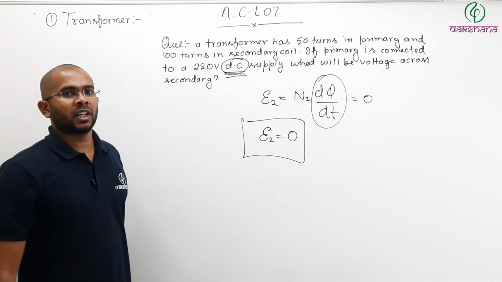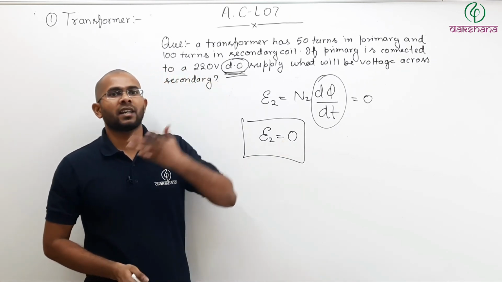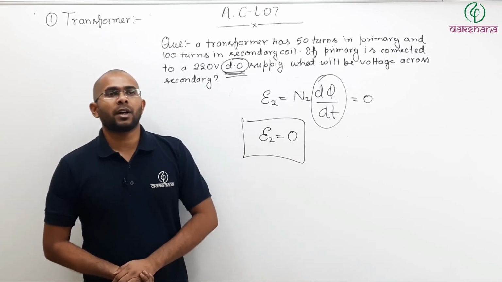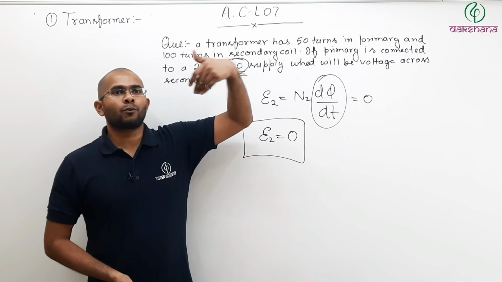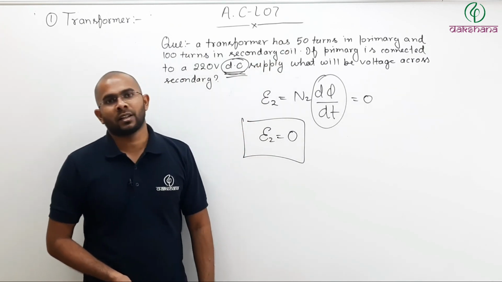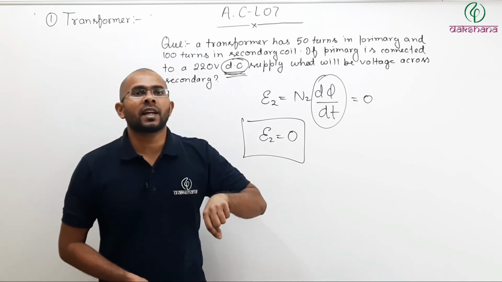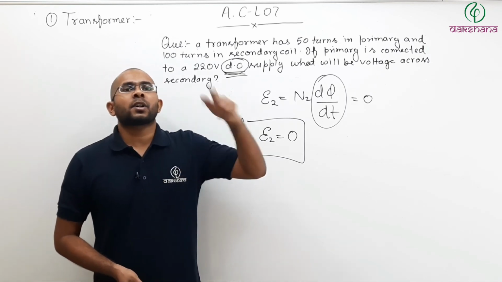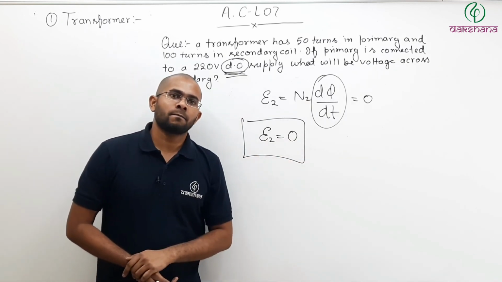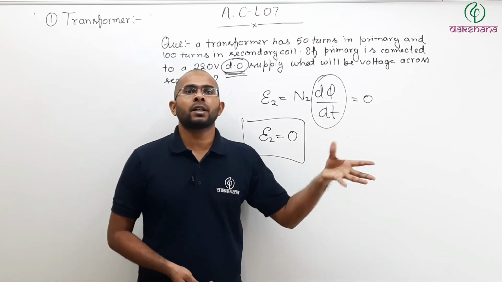And if that value is 0, what is the EMF induced across the secondary? 0. Meaning if you want to use a transformer with a battery, suppose you have a 12 volt battery and you want to generate, let us say, 120 volt EMF, then you cannot use a transformer to do that, because a transformer works on the principle that changing flux produces EMF. And in case of a DC, flux is constant. If the flux is constant, then your transformer will not work.